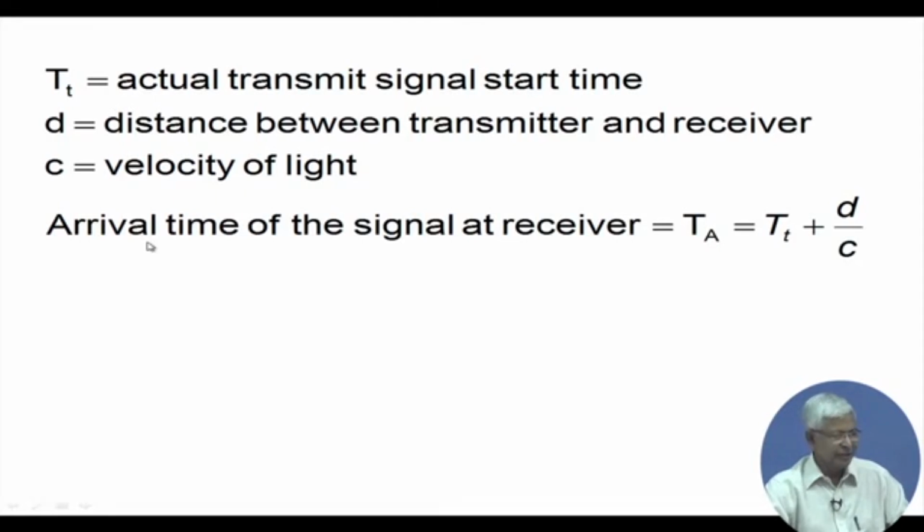So when the transmitters have to pre-correct, they should know after how long the burst has reached the receiver. So the actual transmit time is t, that is when the transmission started, and the delay is the distance between transmitter and receiver divided by the velocity of light, assuming a constant propagation time.